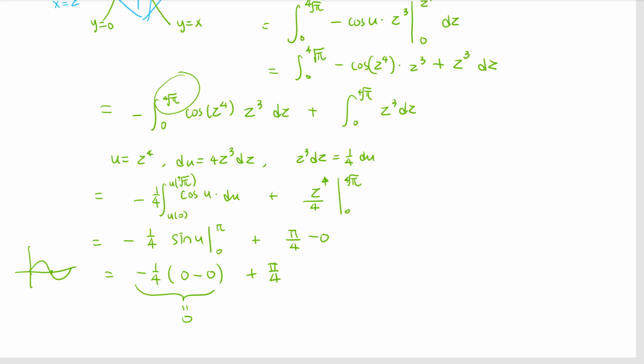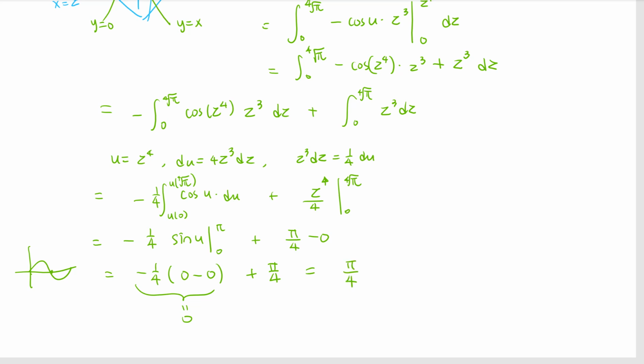So you cannot say, oh, it's 0, why do we need to do all that work? We need to do that work because we need to get the function in u. Then we can plug in any number. We're not only plugging in the 4th root of pi, we can plug in other numbers. So we need to learn these techniques and methods. Finally, the answer is pi over 4.